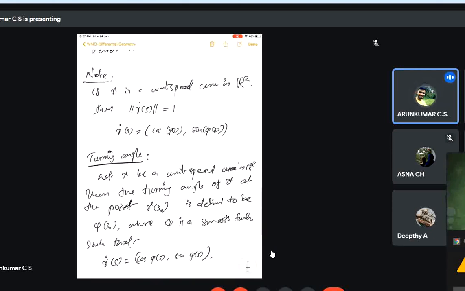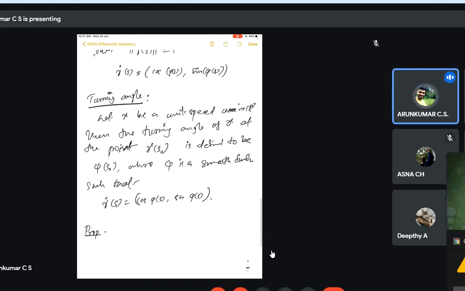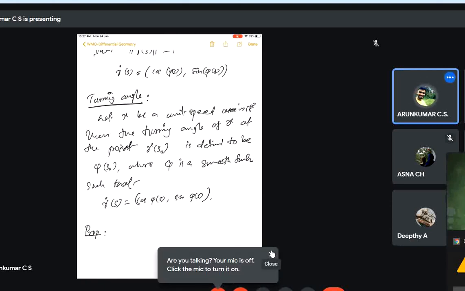And so now we have a proposition which says that the signed curvature is precisely the rate at which the tangent of the curve rotates, or it is precisely the rate of change of turning angle.